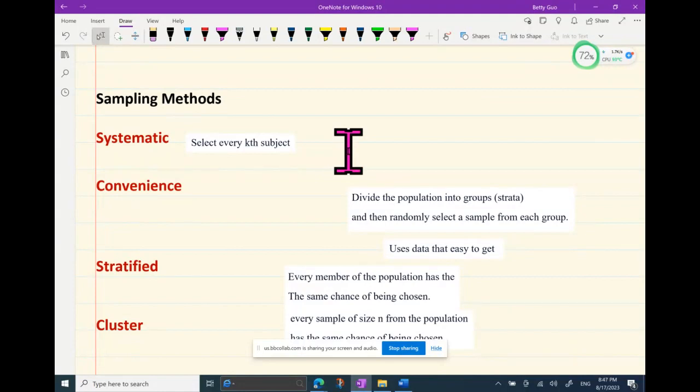You ask them a question and record a response. That is a systematic sampling method. Normally we select a starting point, and then select every kth subject to form a sample.